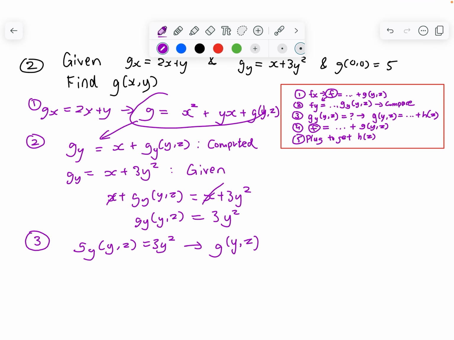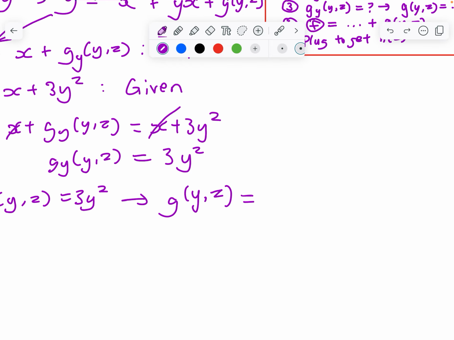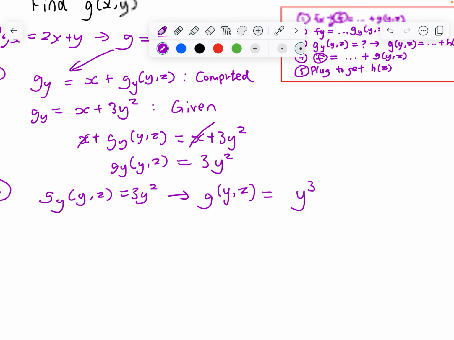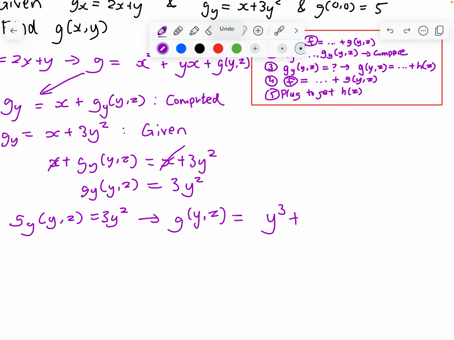This is similar to the process from here to here, where we're also integrating. To integrate 3y squared, remember this time it is with respect to y. The integral of 3y squared is y cubed. And again, we have to add a constant, and this time we call that h of z.